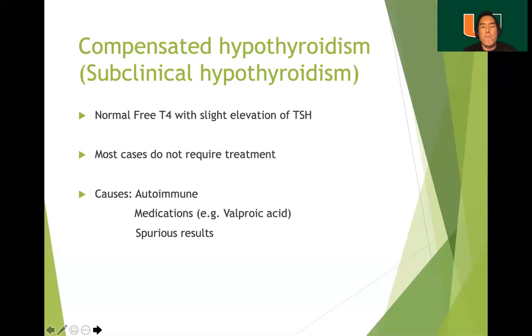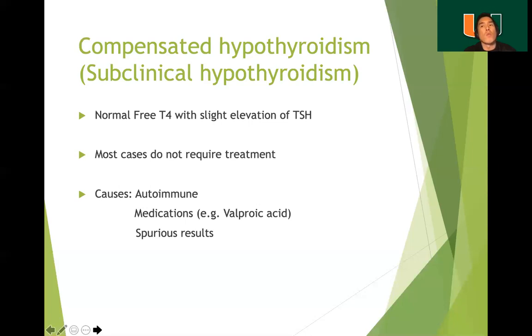Now, many medications can do this. One of the common ones is valproic acid, so you might want to ask the patient what medications they are taking. Or this could be spurious results. Remember, these hormone tests require a standard curve.